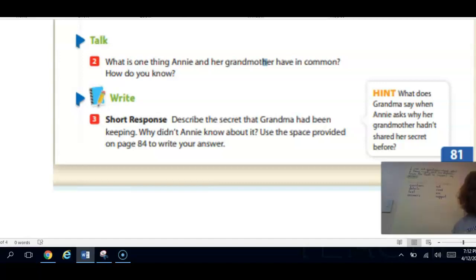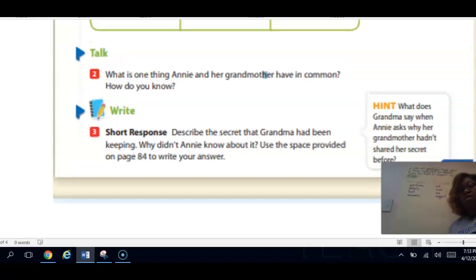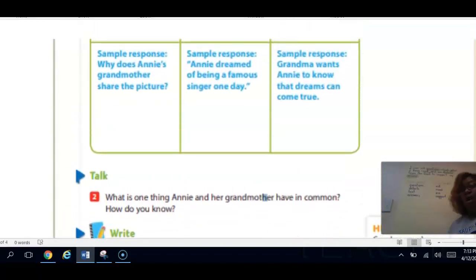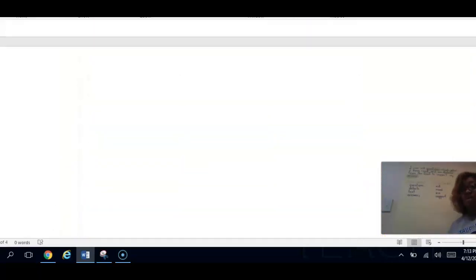Woo woo. Okay, so now, what is something that Annie and her grandmother have in common? Well, this is one of those questions that can be supported in the text. I want you to look back, because some of these things we can answer from our head because we remember them from the text.